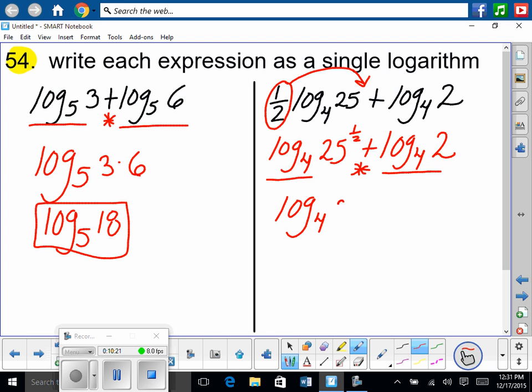So we have log to the base 4 of 25 raised to the 1/2 times 2. And so that's log to the base 4 of 25 raised to the 1/2, which is technically the square root of 25, which is 5. But you could just type in your calculator 25 raised to the 1/2 power, hit enter, then times 2. So we have log to the base 4 of 10.